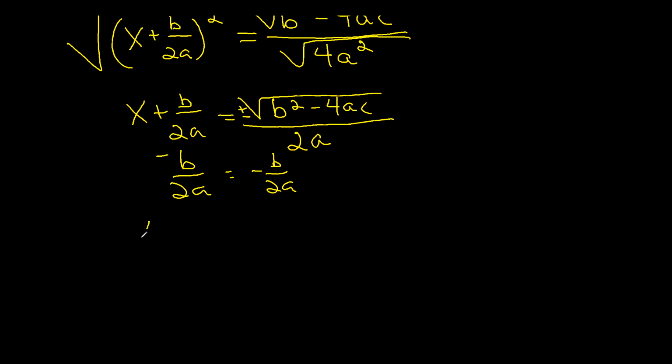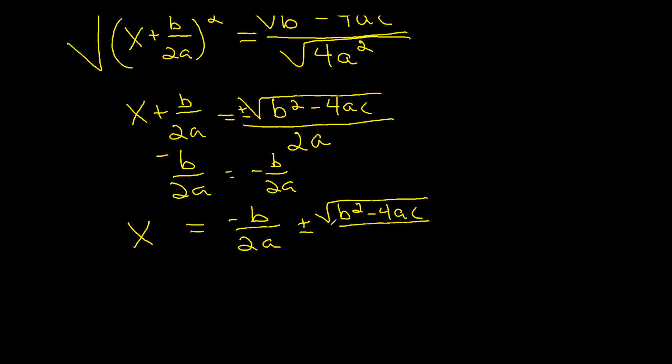I'm going to have x equals this: negative b over 2a goes first, and then the plus or minus square root of b squared minus 4ac, all divided by 2a.